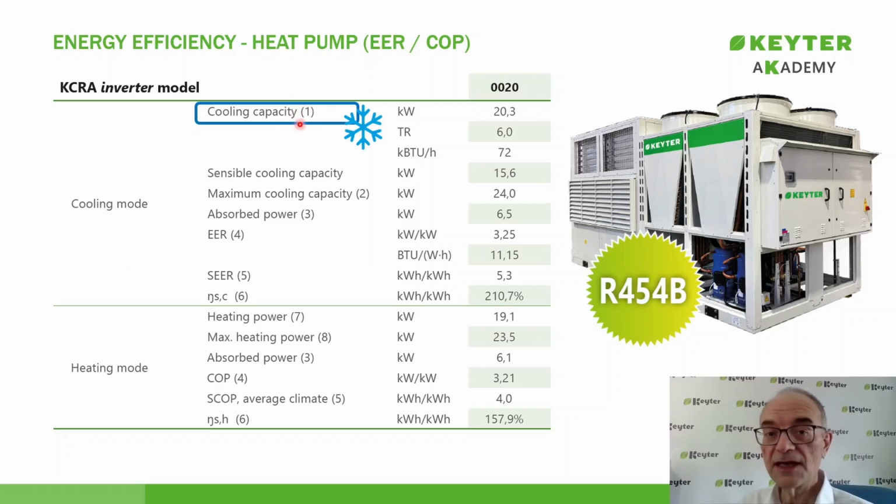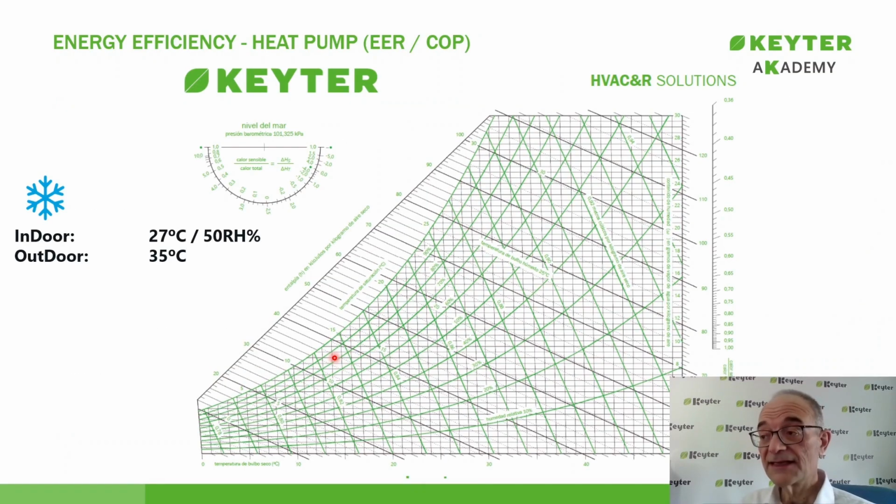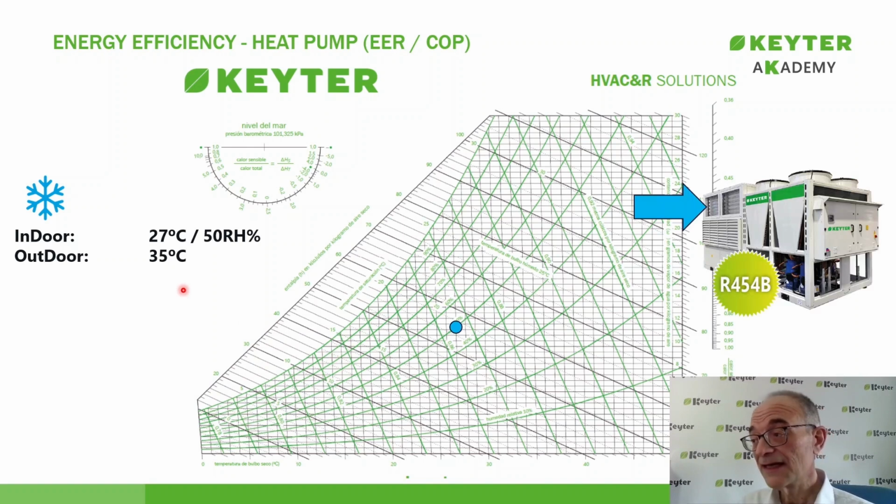These power conditions are given under indoor conditions of 27 degrees Celsius dry bulb and 50% relative humidity, and outdoor conditions of 35 degrees Celsius dry bulb. Why does humidity matter indoors but not outdoors? If we analyze it on the psychrometric chart, we'll see that the indoor conditions, that is, the return air that the unit will have, are based on 27 degrees Celsius and 50% humidity.